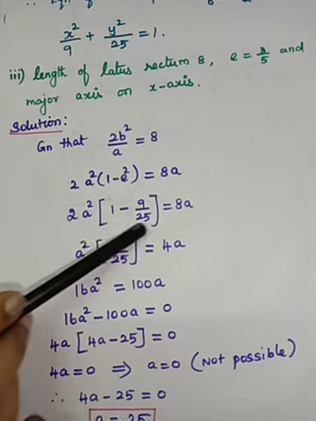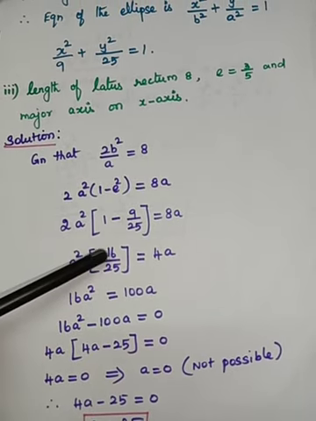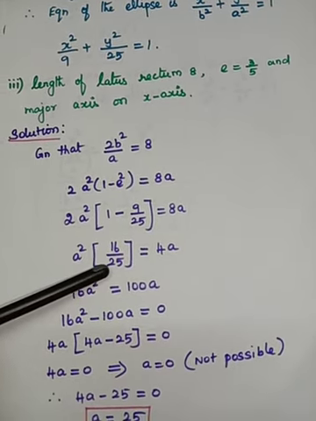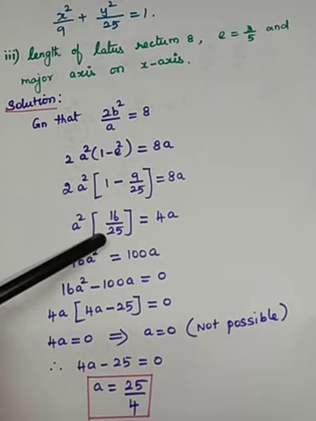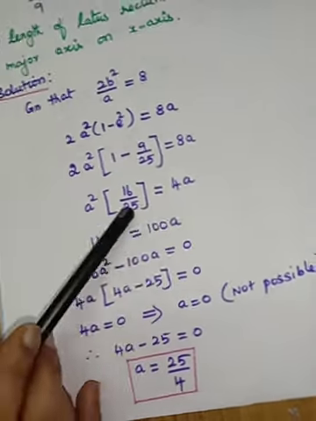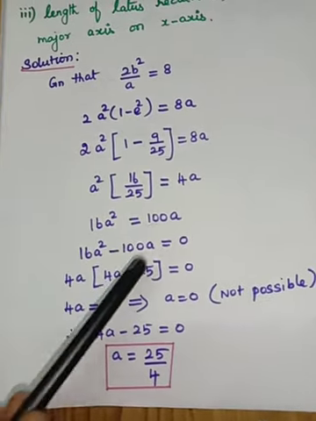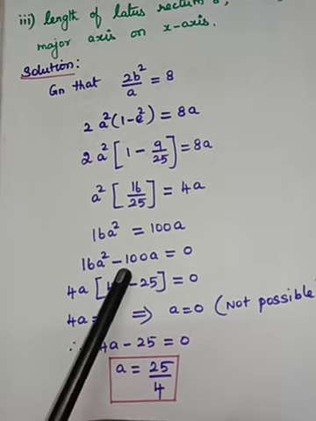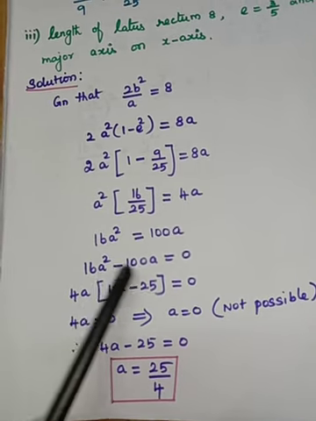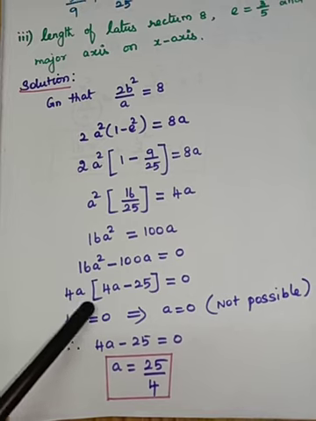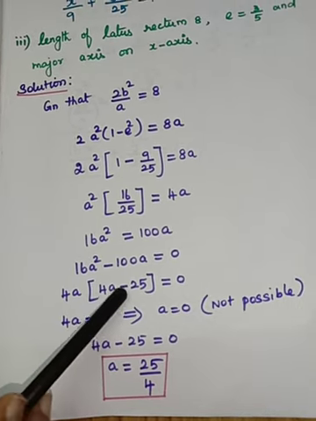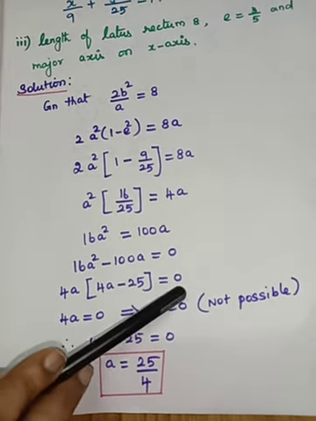When you take the LCM here, 25 minus 9 is 16, so 16 by 25 is equal to 4a. 16 into a squared, this 25 I have taken to the right side, so 25 into 4 is 100. When I bring 100a to the left side it is minus 100a. From these two terms 4a is common. If you take 4a out, the remaining will be 4a minus 25 is equal to 0.